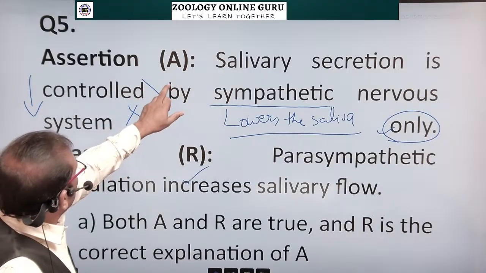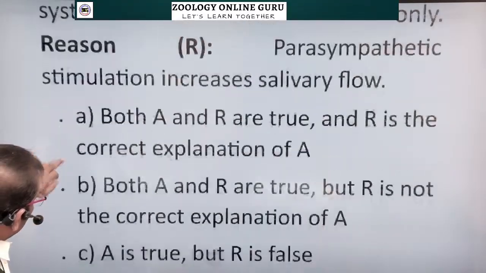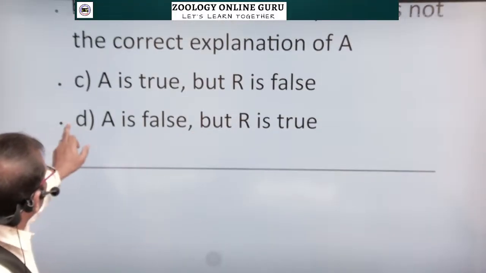So A is wrong and R is correct. So A is false, but R is correct. The answer is the fourth one, D.